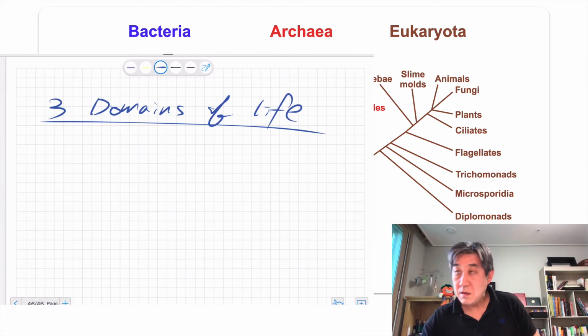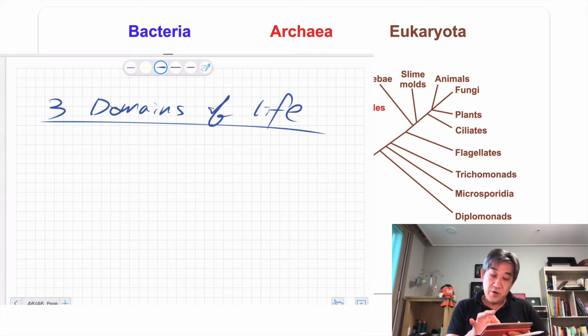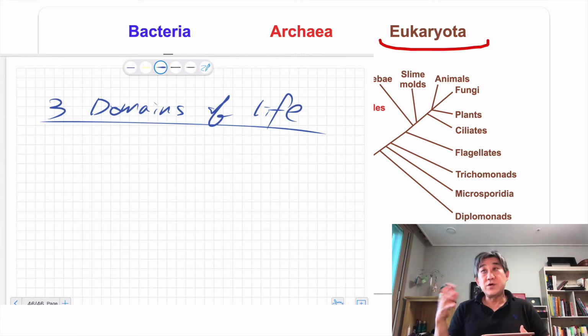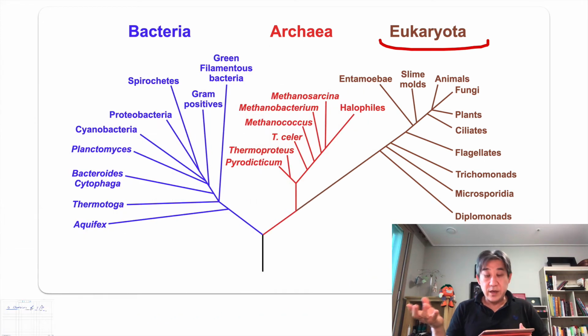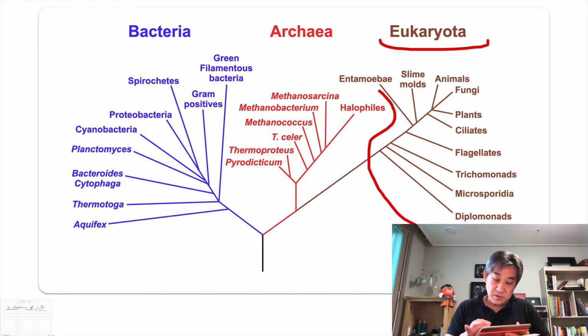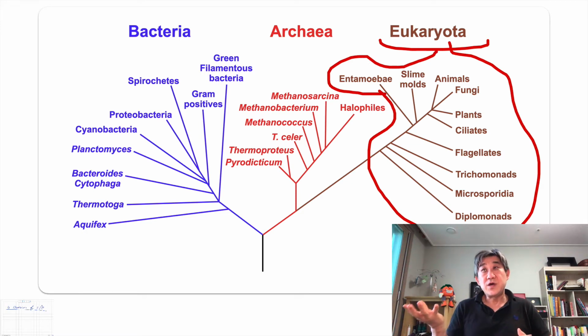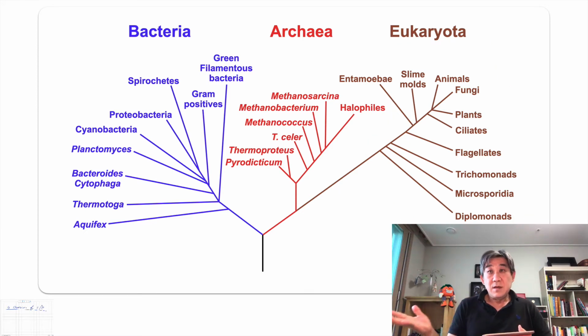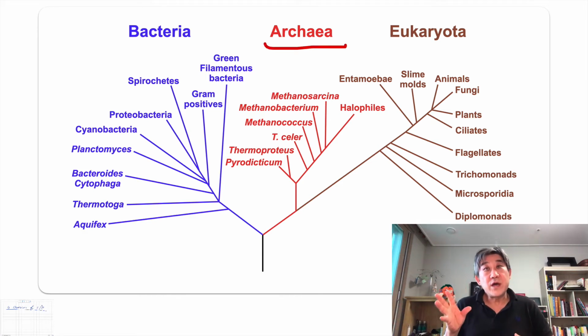They are domain Eukarya, all the organisms containing eukaryotic cells belong to this domain, Eukaryota. And as we have seen, rather closer to this Eukaryota is the one big prokaryotic group of organisms called the Archaea.